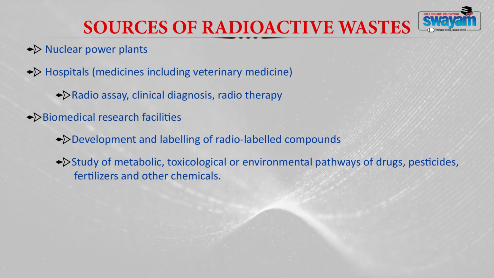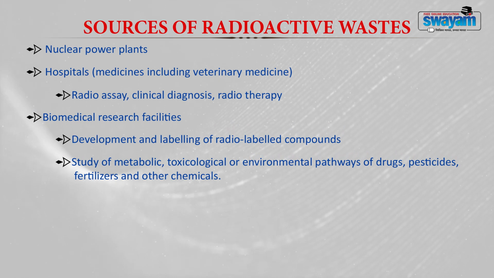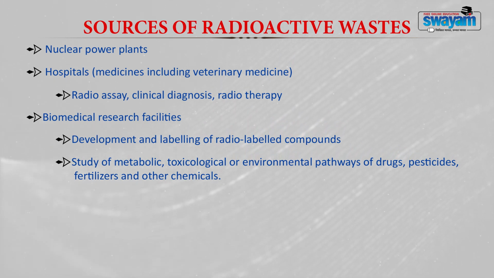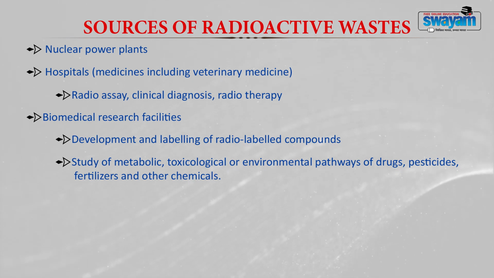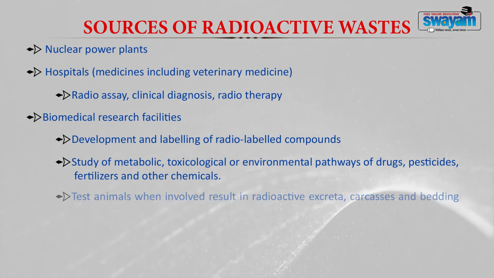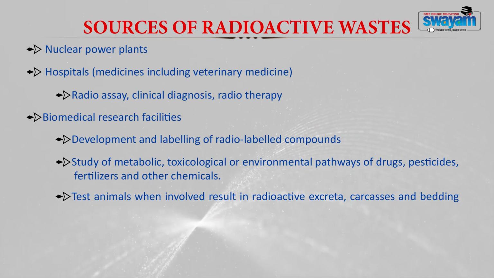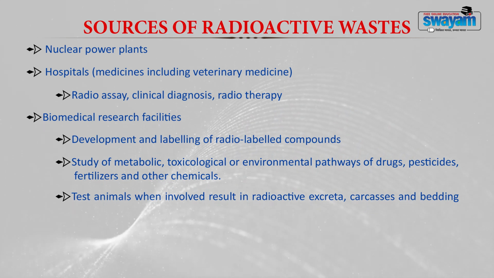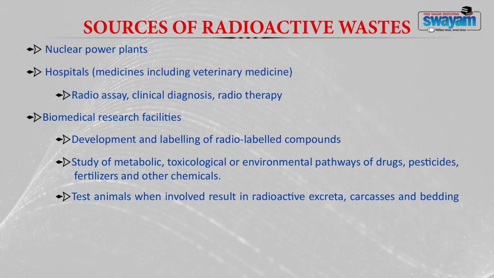Over there these radioactive materials are used. Toxicological or environmental pathways of drugs, even some pesticides, fertilizers and other chemicals may include radioactive materials. Test animals, when involved, result in radioactive excreta, carcasses and bedding. So, there are a number of sources.